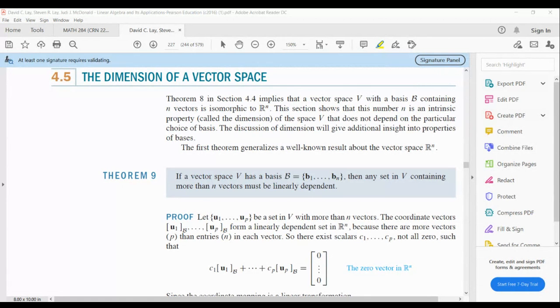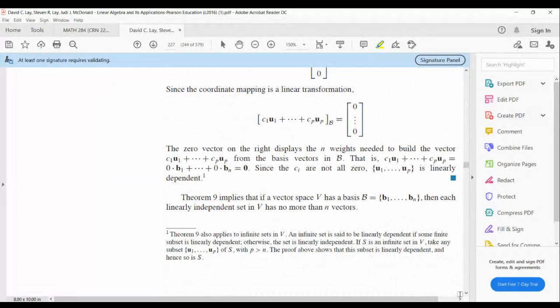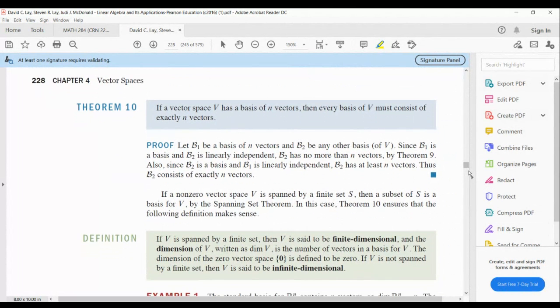Okay, so section 4.5 deals with the dimension of a vector space. First of all, what is the dimension of a vector space? On the next page they have the definition here.